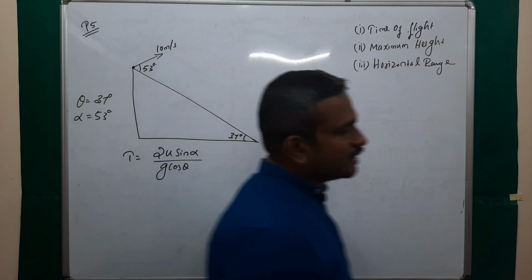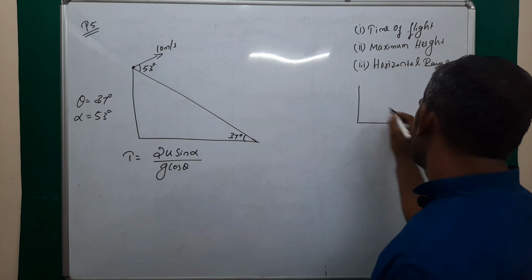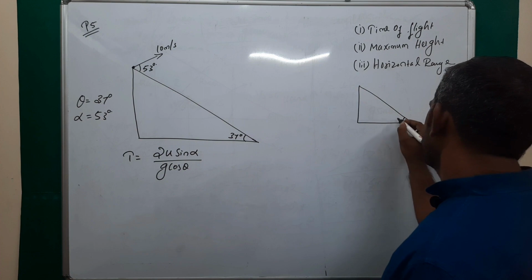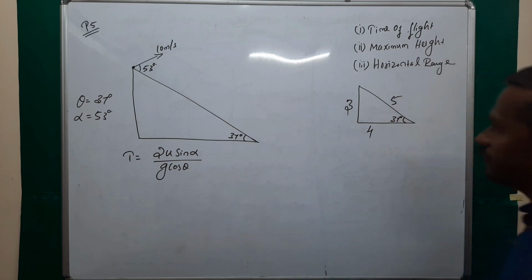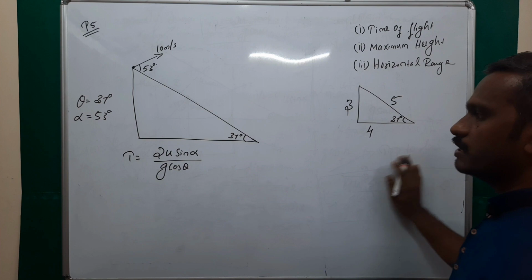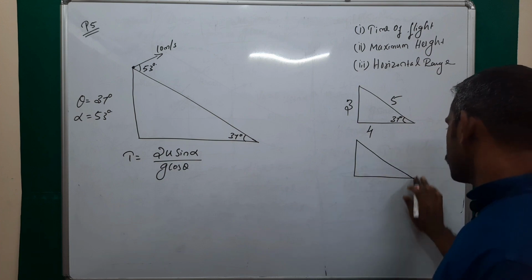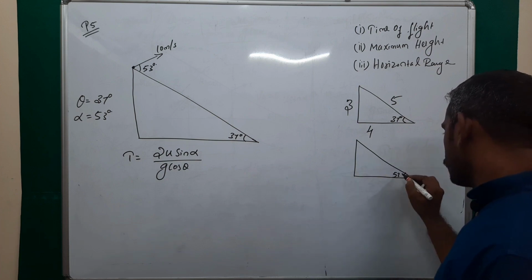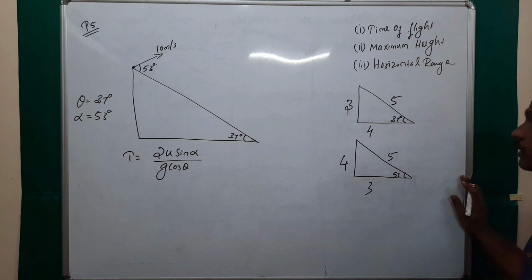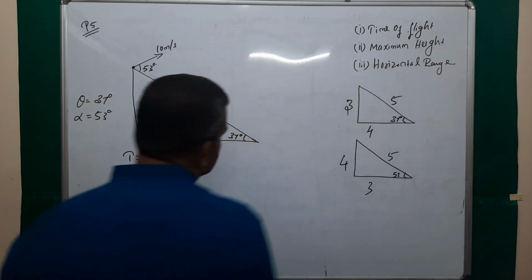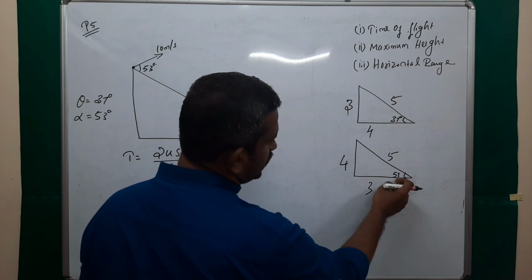These are the two famous triangles. 37 degree means 3, 4, 5, the sides of this triangle. 53 degree means 4, 3, 5. Smaller angle, small side.